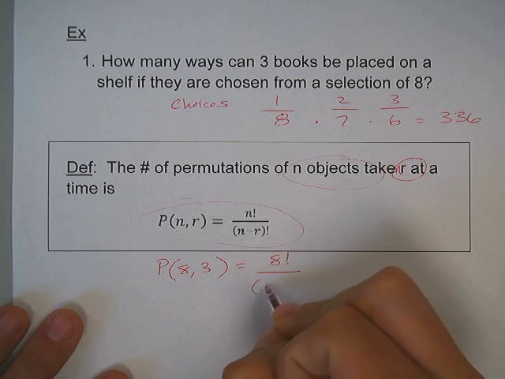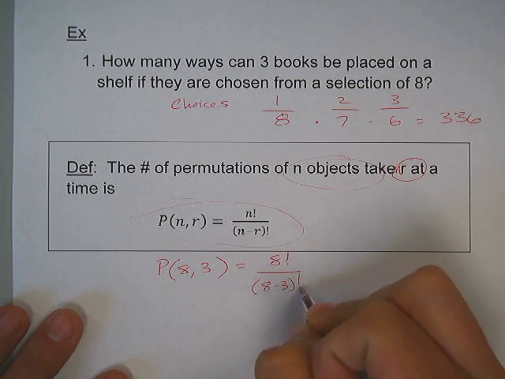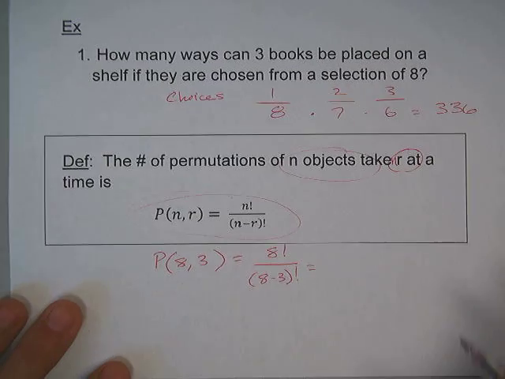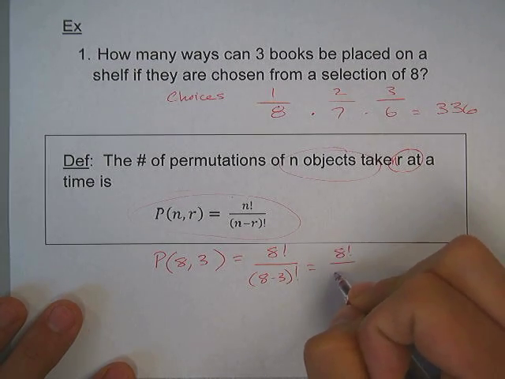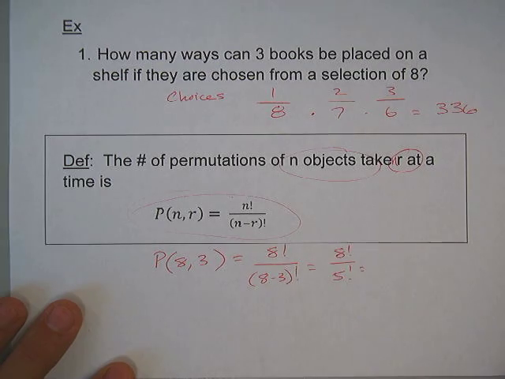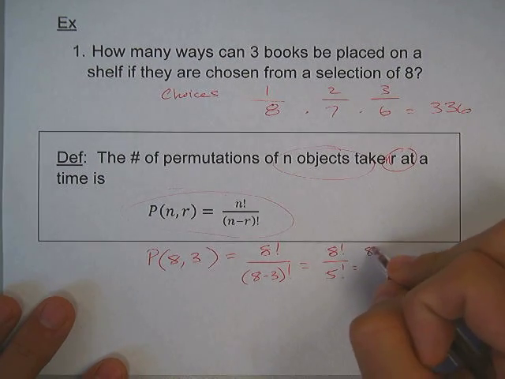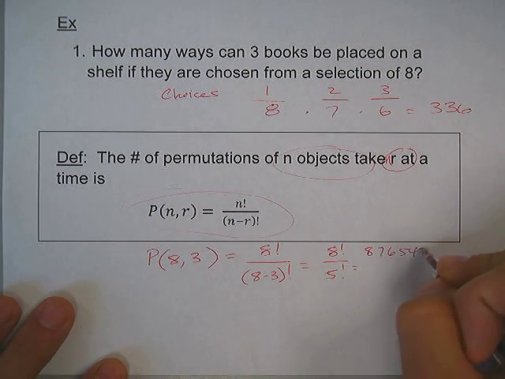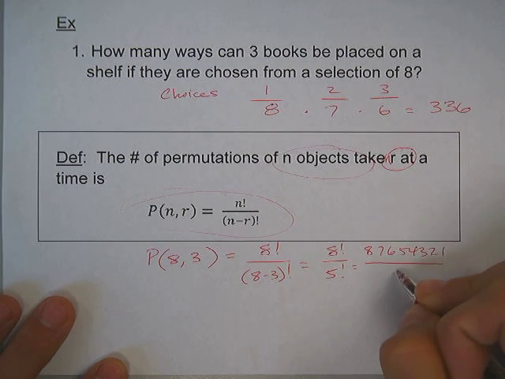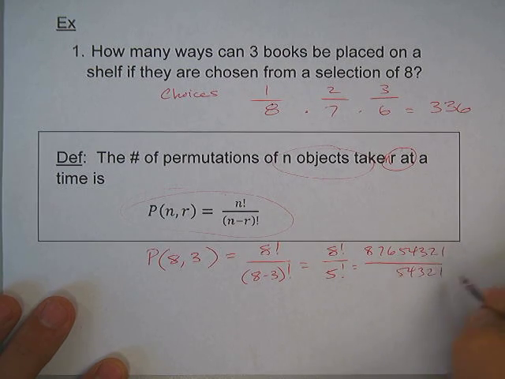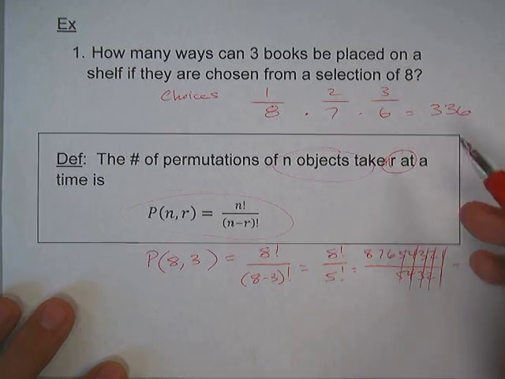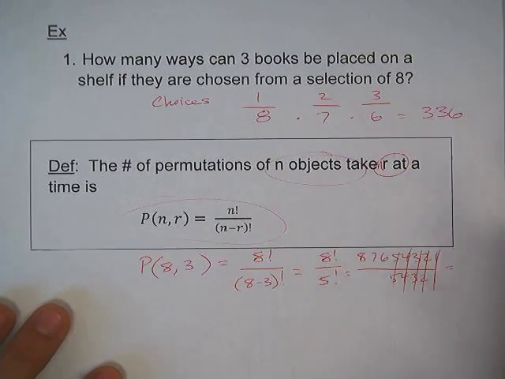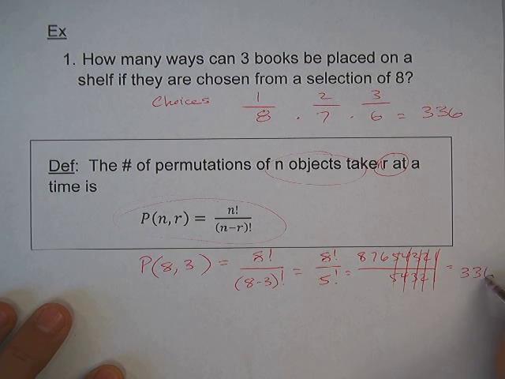You could simply do 8 factorial over (8 minus 3) factorial, which would be the same thing as 8 factorial over 5 factorial. This would be 8, 7, 6, 5, 4, 3, 2, 1 over 5, 4, 3, 2, 1. And all these would cancel, and you'd get 8 times 7 times 6, which is exactly what we did up here.